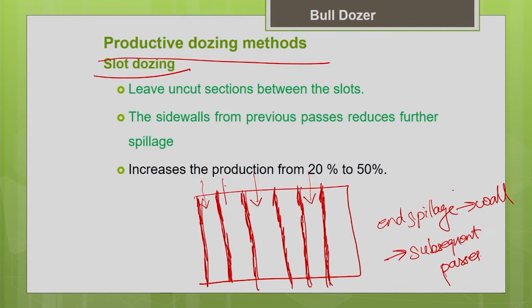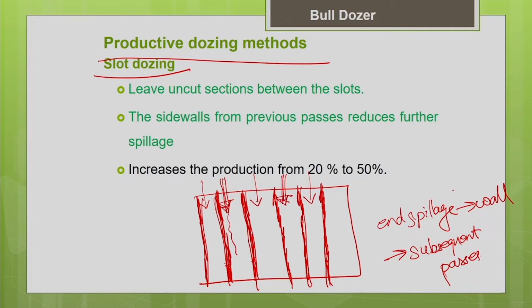When it is going through this gap, the end spillage formed through the earlier passes is already acting like a wall. Since it acts like a wall, further spillage is reduced when the bulldozer is passing through this path.